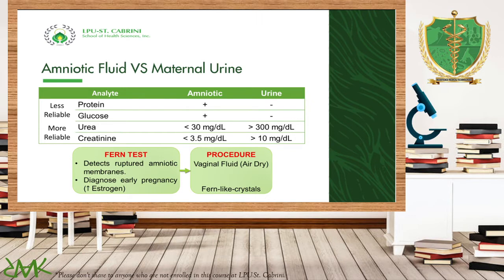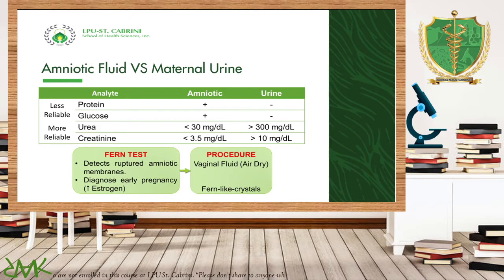A more reliable analytes can be the measurement of our creatinine and urea. Okay? Remember, guys, that the levels of creatinine and urea in amniotic fluid are much lower than the levels of creatinine and urea in urine.